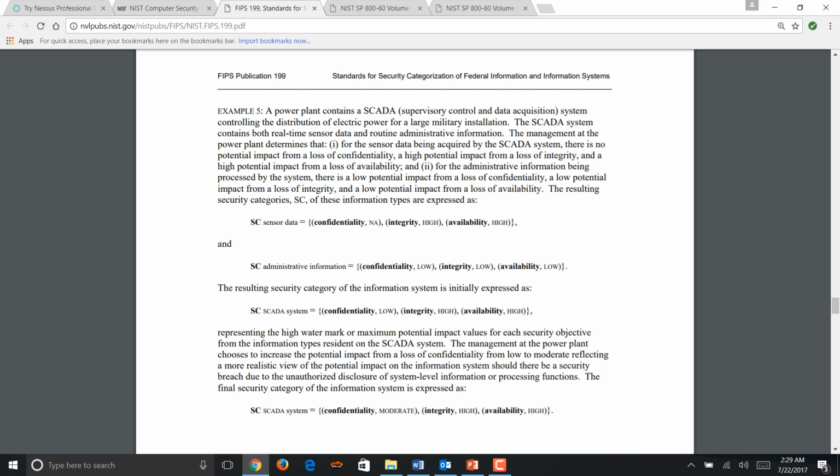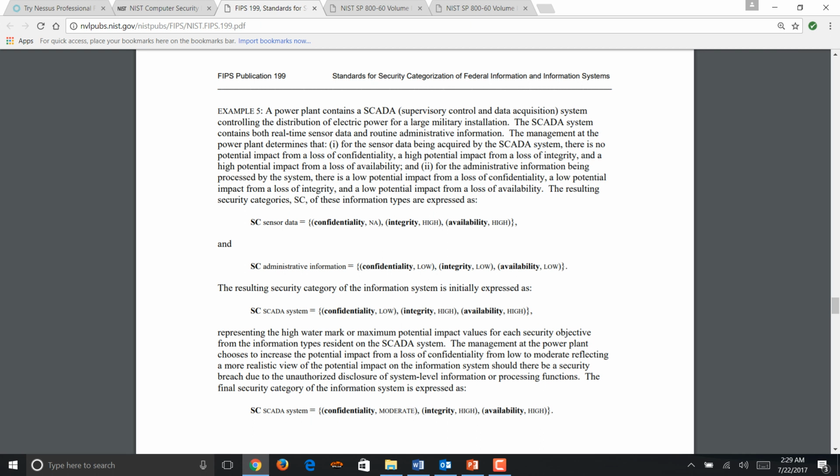The management at the power plant determines that 1. For the sensor data being acquired by the SCADA system, there is no potential impact from a loss of confidentiality, a high potential impact from loss of integrity, and a high potential impact from loss of availability.